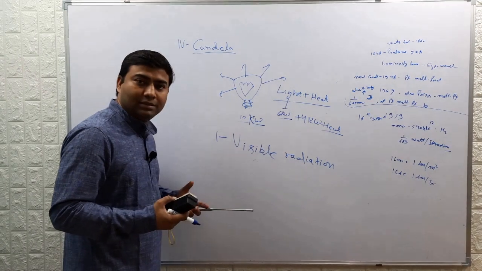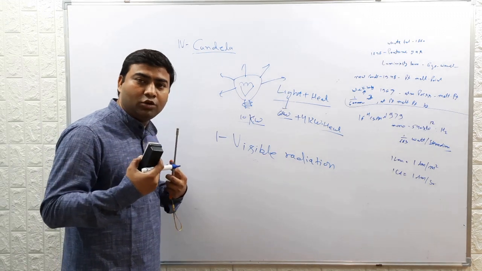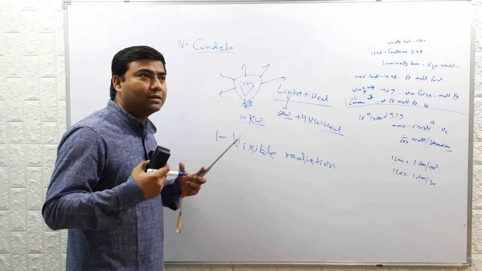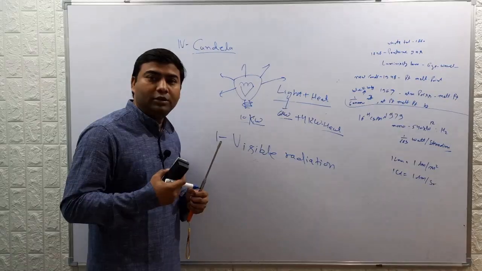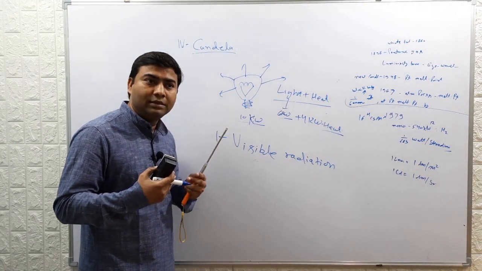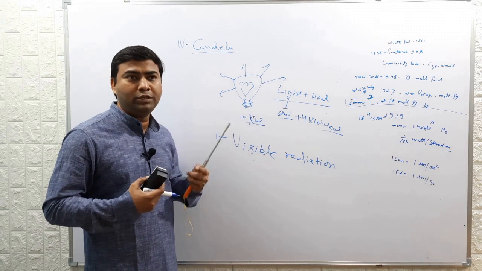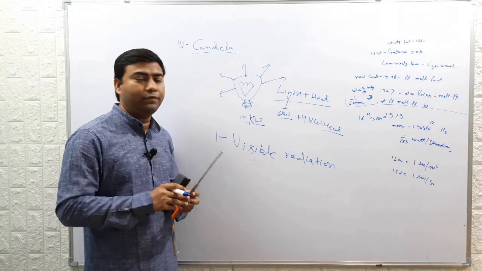So this component which deals with the sensitivity of our eye for different types of color is considered by the luminosity function. The luminosity function gives different weightage to different colors based on the sensitivity of our eye for different types of colors.